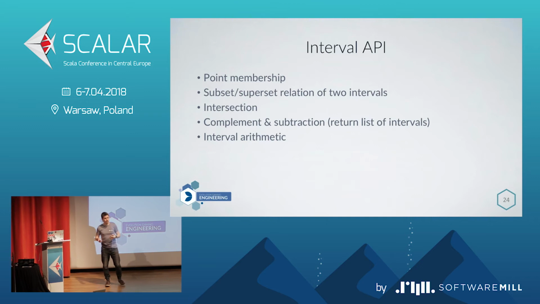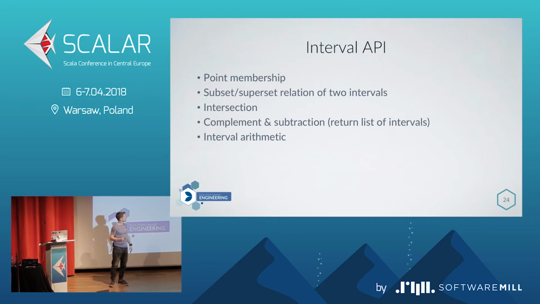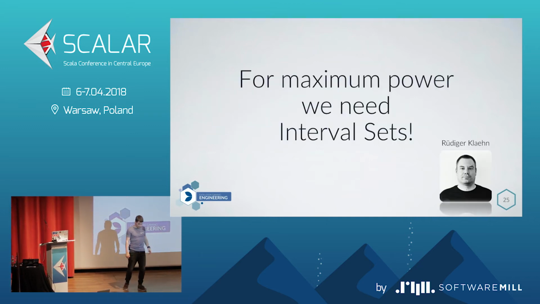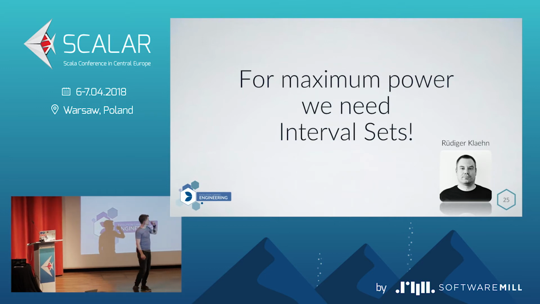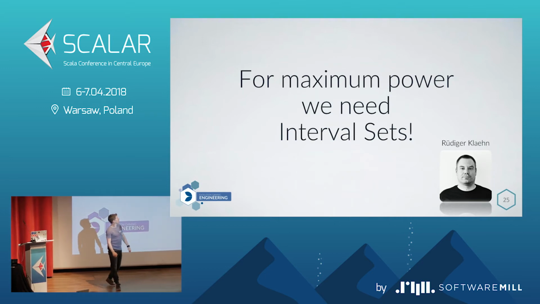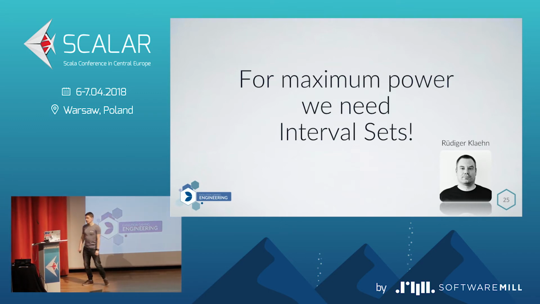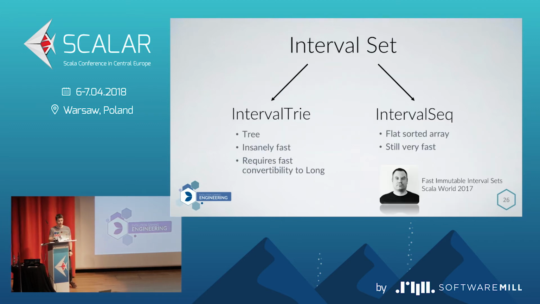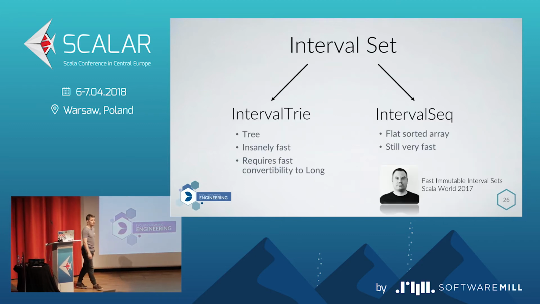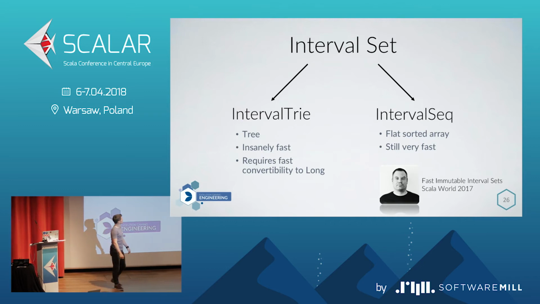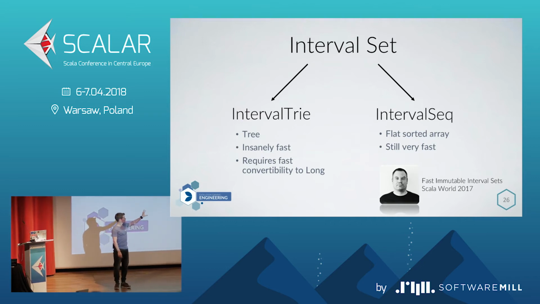So to get the full power of expressiveness, we need interval sets. These were developed by Rudiger. This is very nice software, so thank you, Rudiger, for that. These are really amazing things. Let's quickly overview. They go in two flavors, actually: interval trie and interval sequence. These are some properties.